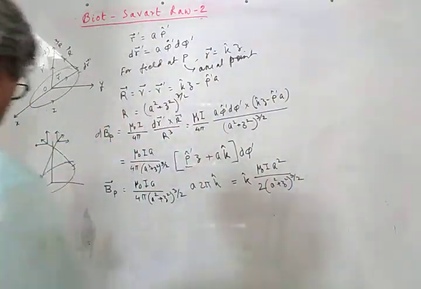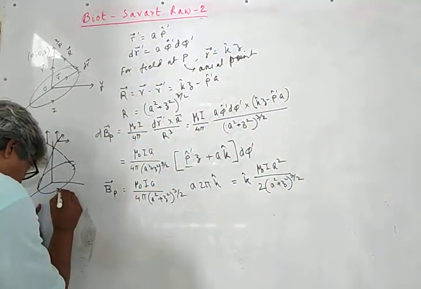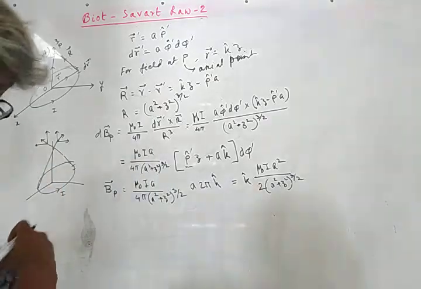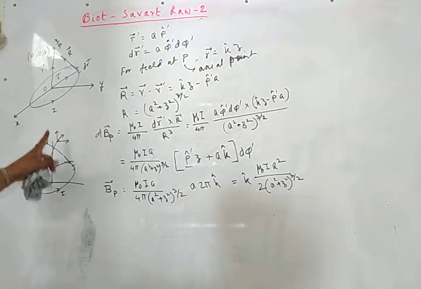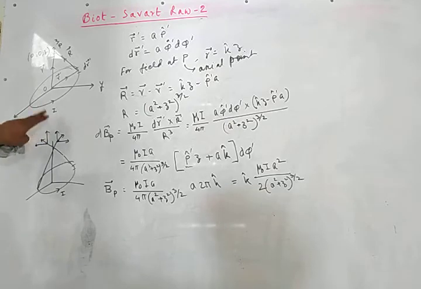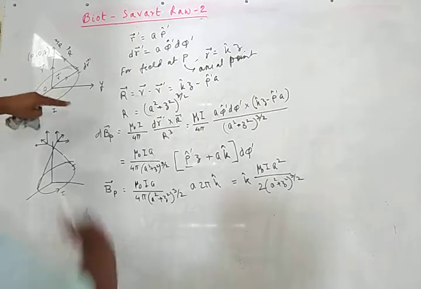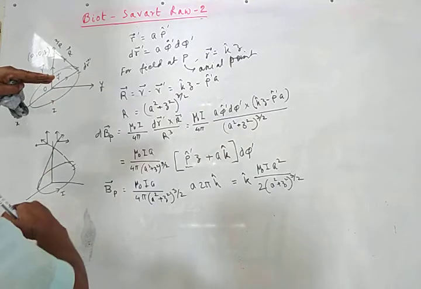Now, if the current flows in the anti-clockwise sense, which is taken to be the positive sense for any circulating quantity, then the field is always directed along the positive direction, no matter whether the point lies above the plane or below the plane.